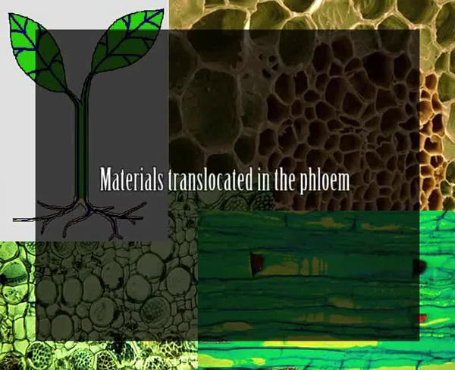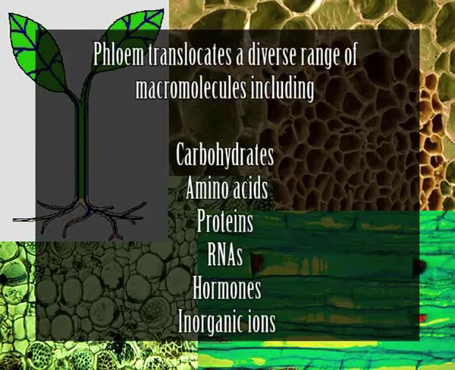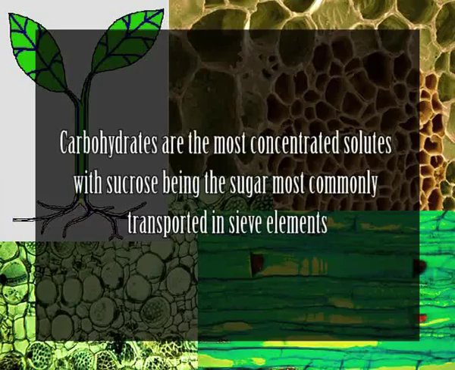Now, materials translocated in the phloem. The phloem of higher plants translocates a diverse range of macromolecules including carbohydrates, amino acids, proteins, RNAs, hormones, and some inorganic ions. In phloem sap, carbohydrates are the most concentrated solutes, with sucrose being the sugar most commonly transported in the sieve elements.